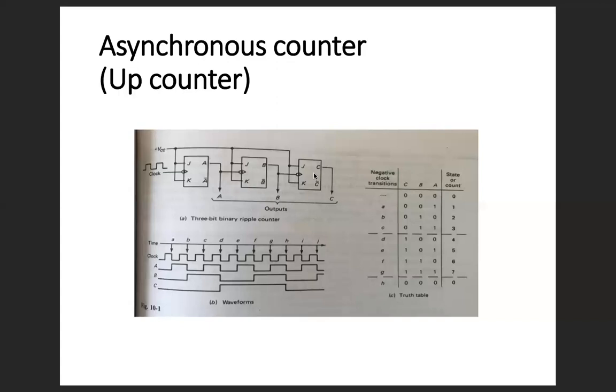So the output will act as a clock signal for the successive flip-flop. Therefore, the timing diagram remains the same. The only difference will be the display of output, which will be delayed in case of asynchronous counter. And this is the up counter.